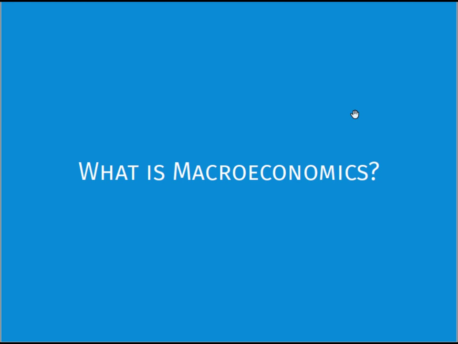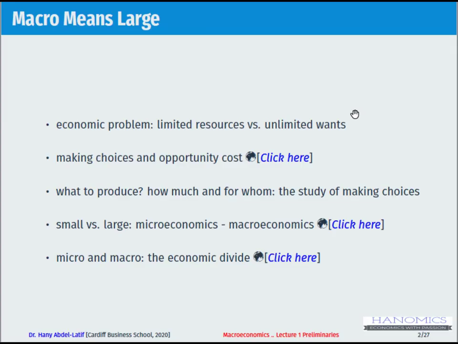Before I talk about what macroeconomics is, I actually want to take you back to economics. What do we do in economics? Economics as a subject is all about the economic problem. I'm sure all of you know that already. You have limited resources, unlimited wants, and you want to use these resources to meet your unlimited wants.